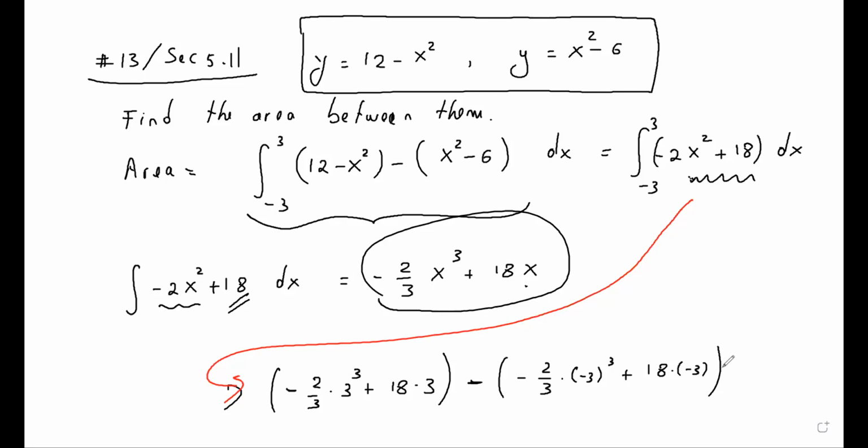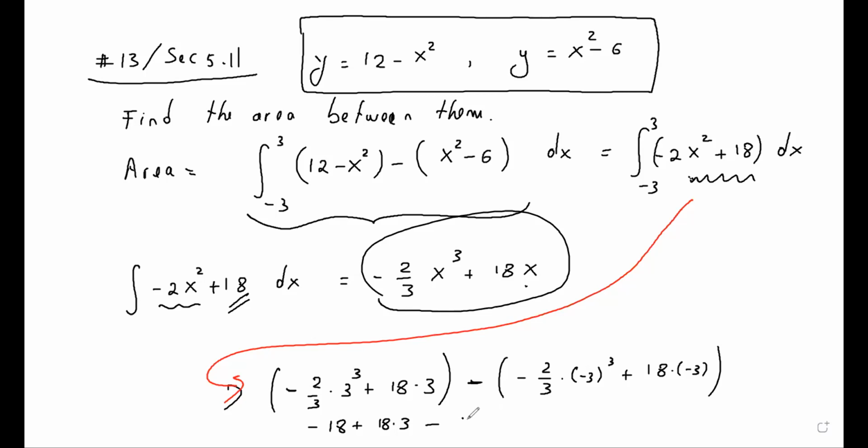So this is going to be the calculation here, and that's going to end up being negative 2/3 times 3 cubed; well, the 3 will simplify out, and if you write this out, it's going to be negative 2 times 3 squared, so that's negative 18, plus 18 times 3, minus, and the next thing here is going to be another positive, so it's minus minus, it's plus, but there's a minus here, so it's going to be minus eventually.